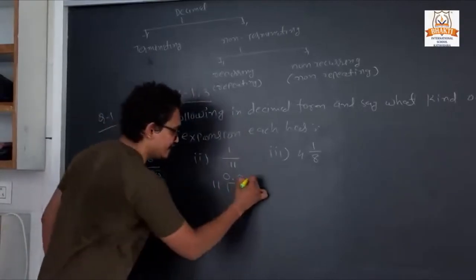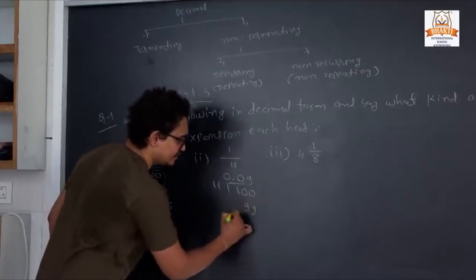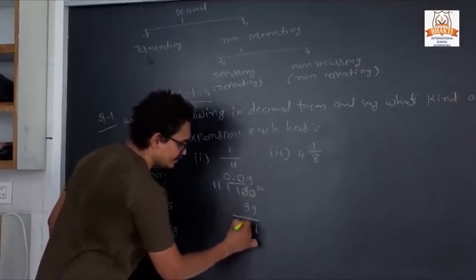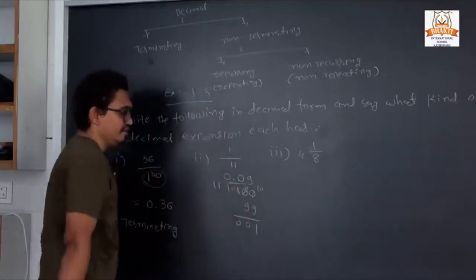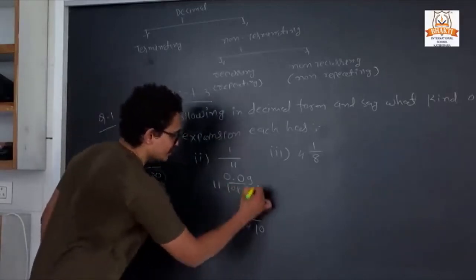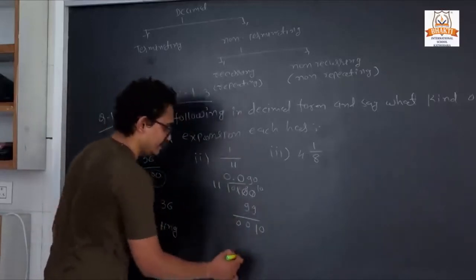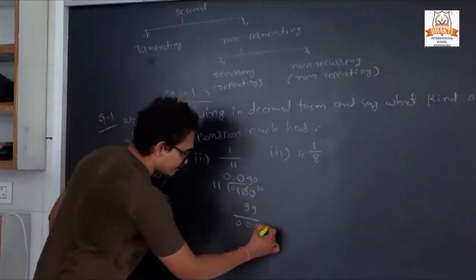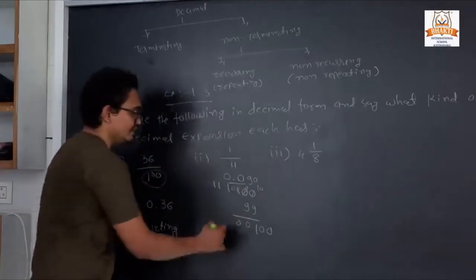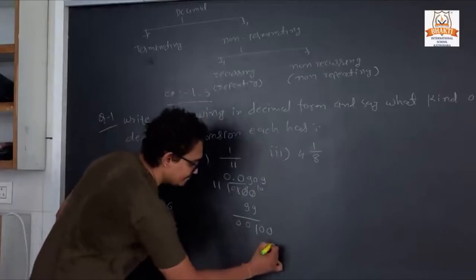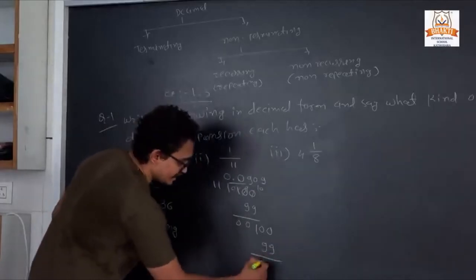Now 11 9s are 99, so we get 1 as our remainder. Once again we put 0, then 11 9s are 99, and once again we have a remainder.